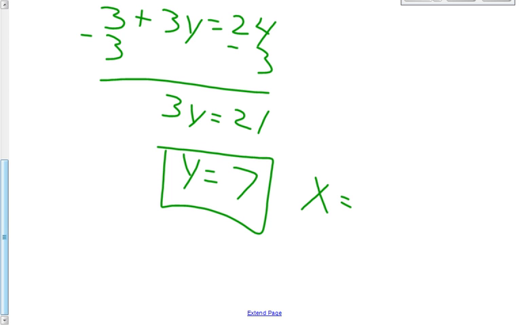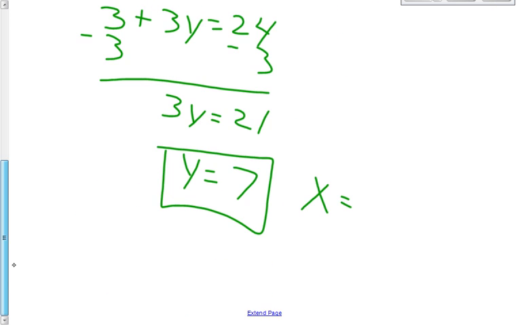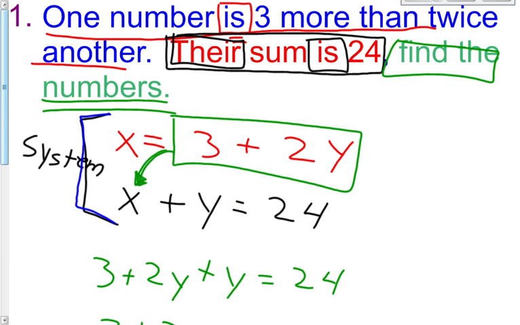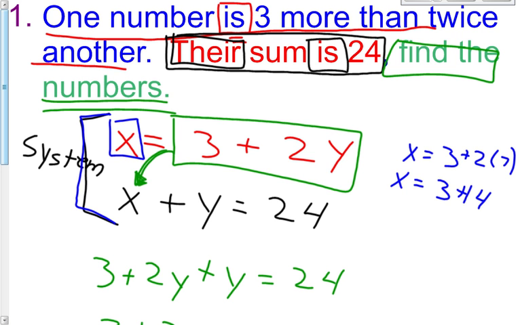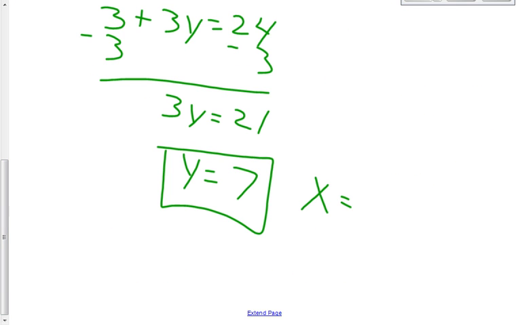Well, if we hop back up into either of these 2 equations, we can put 7 in for y and then get our resulting x value. x equals 3 plus 2 times y, and y is 7. So x equals 3 plus 14. So x would then equal 17. There's your two answers: 17 for x and 7 for y.